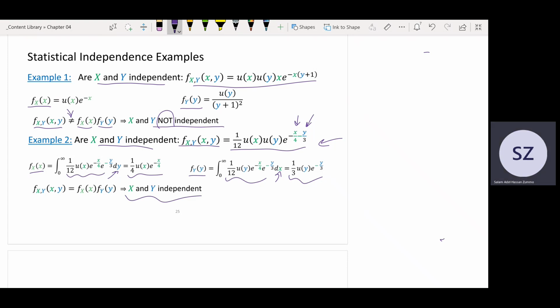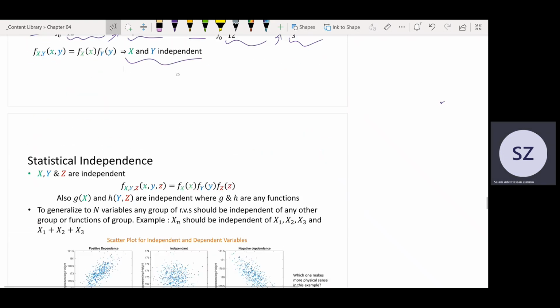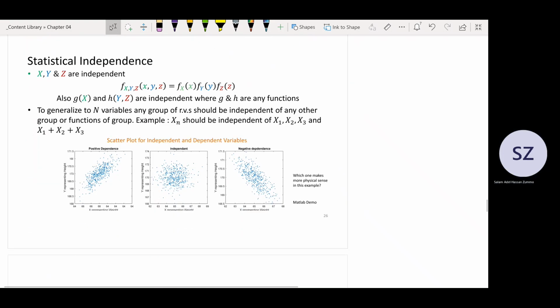So when we say independent, it means that x and y behave independently. And physically, independent random variables usually represent different things, different environments, different variables that are not related.